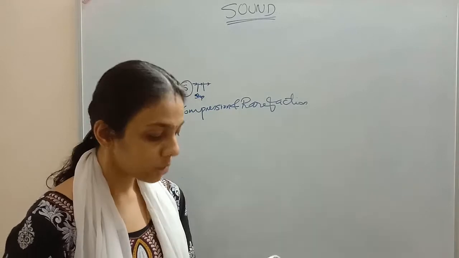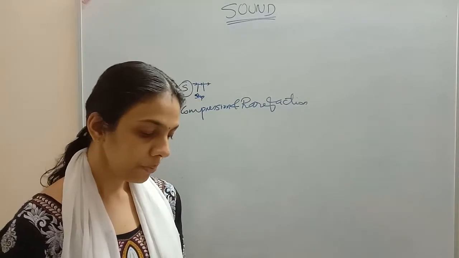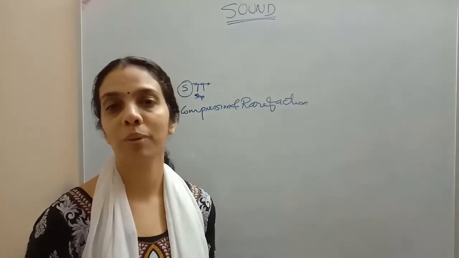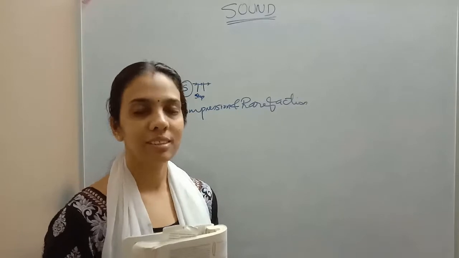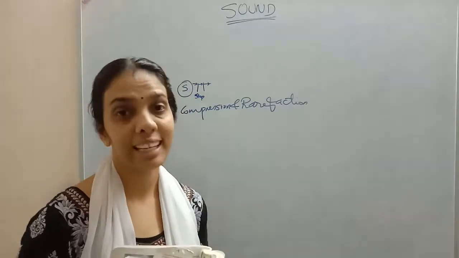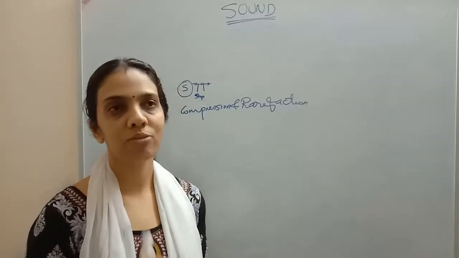Next one is on page number 163. Explain how sound is produced by your school bell. Nowadays most schools have electric bells, but they are asking about the old kind of bell.